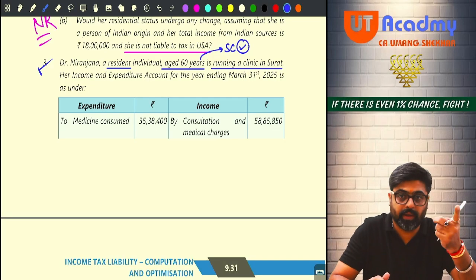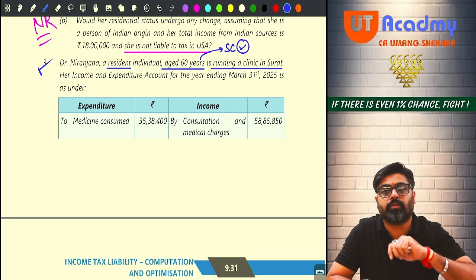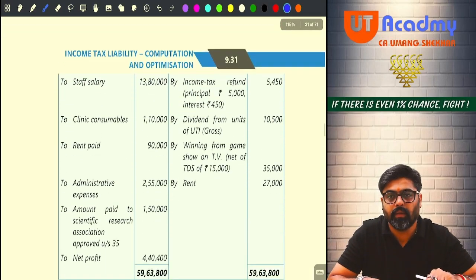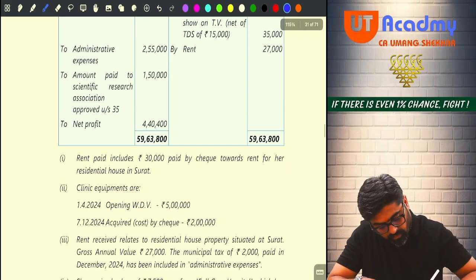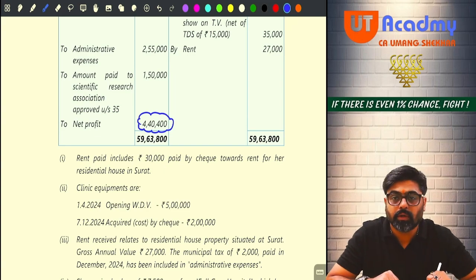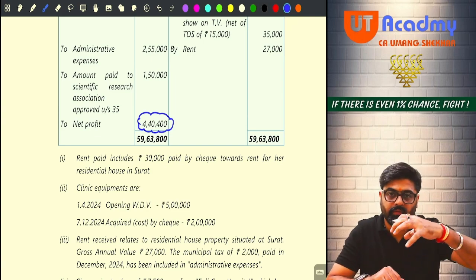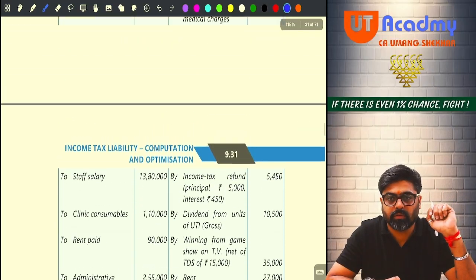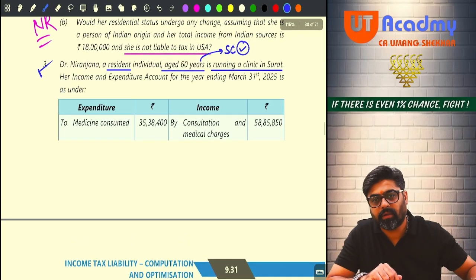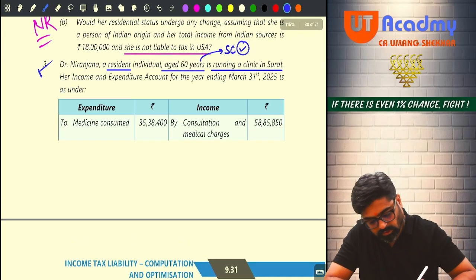Now to calculate that PGBP income, the income and expenditure account is given. Can you see the profit? From this profit only we have to fetch the PGBP income. So which method is that, direct method or indirect method?